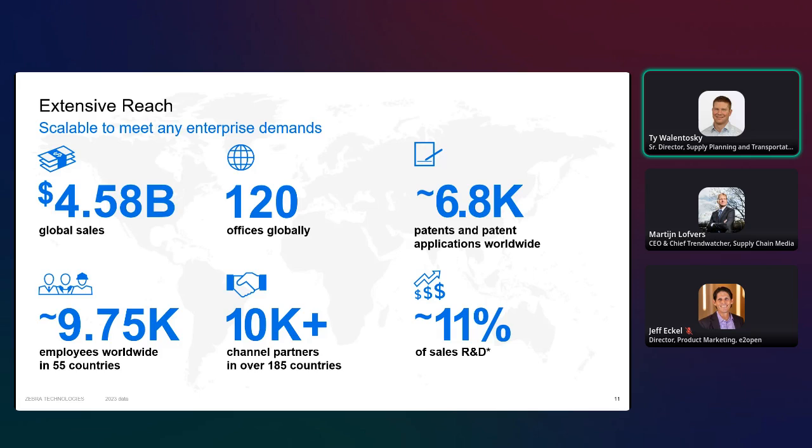We have just under 10,000 employees across the globe. We heavily utilize channel partners to help sell our hardware and our solutions. And we invest very heavily in R&D to ensure that our products and our solutions are the most cutting edge.